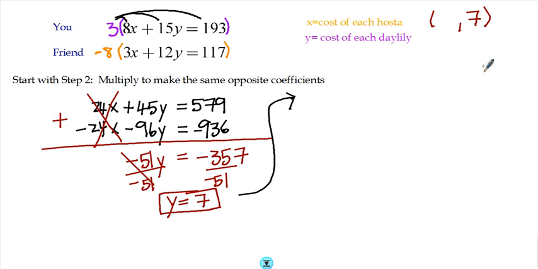And you're going to pick whichever looks easier to you. And for this, I guess I'll go with the second one because this has 3, which is smaller. So I'm going to substitute into the second equation, 3x plus 12y equals 117, but again, we're substituting y equals 7, so that y should be 7.